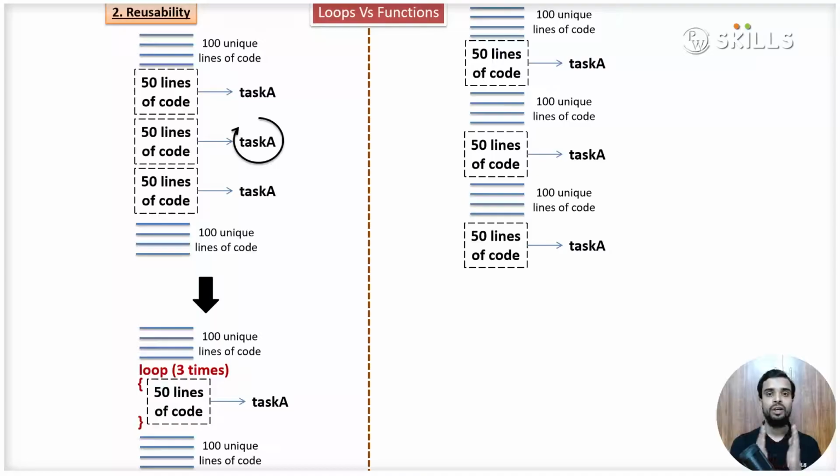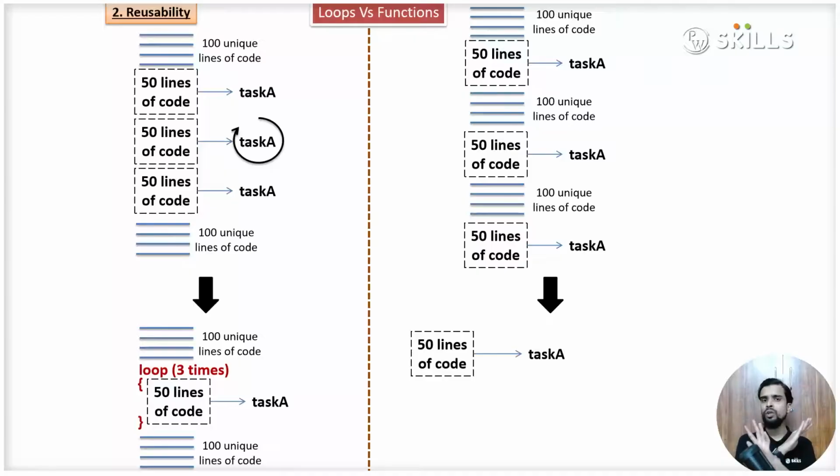Hence, to optimize the application in the second case, 100% I won't be able to make use of the looping control constructs. In this case, to bring in efficiency within my application, undoubtedly I will have to go ahead with the functions concept here, wherein those 50 lines of code for task A should be coded only once, because I don't want any duplicate code within my application.